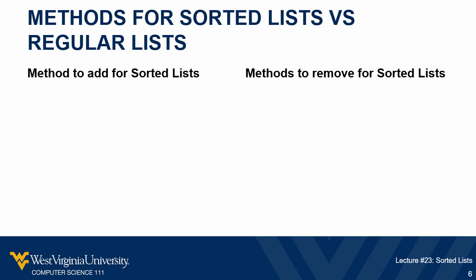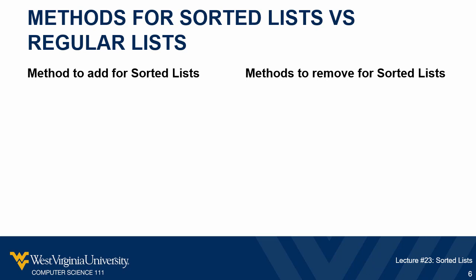So what's the difference between the functionality that we need to provide for a sorted list as compared to a regular list? What we'll see is that most of the methods that we're going to define in our interface for the list versus a sorted list, and then in our actual class implementations, are going to be the same. But there are some key differences.